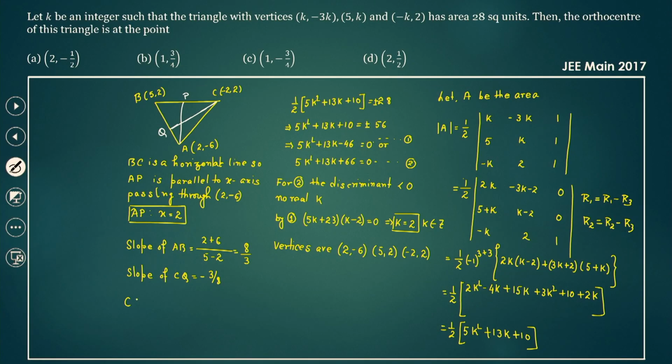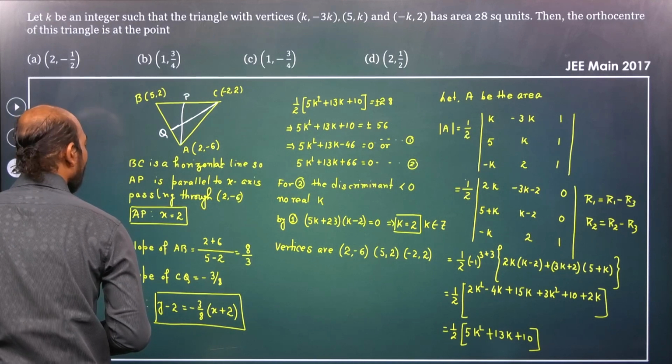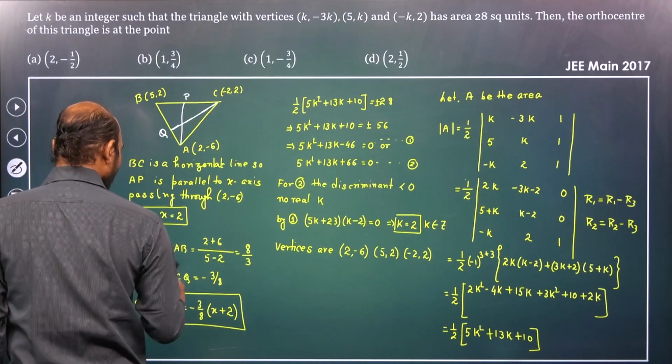So the equation of CQ, passing through minus 2, 2, is y minus 2 multiplied by minus 3 by 8 is equal to x plus 2. That's it. So this is the equation of CQ.